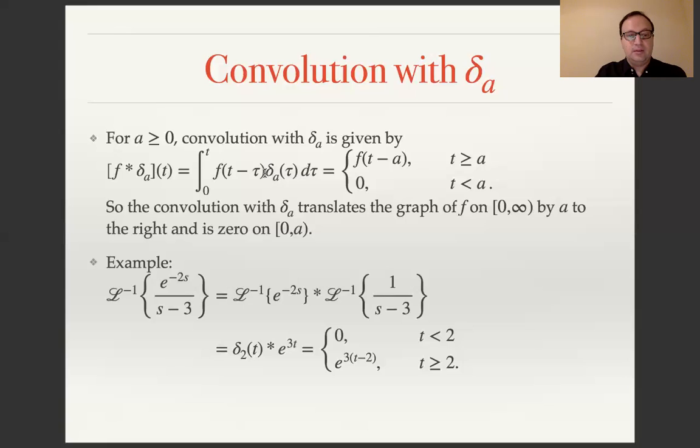If a is not in the interval [0, t], then by the formula from the previous page, the integral is 0. If a is in the interval [0, t], then again by the formula on the previous page, the integral is equal to f of t minus tau evaluated at the point tau equal a, which gives f of t minus a.